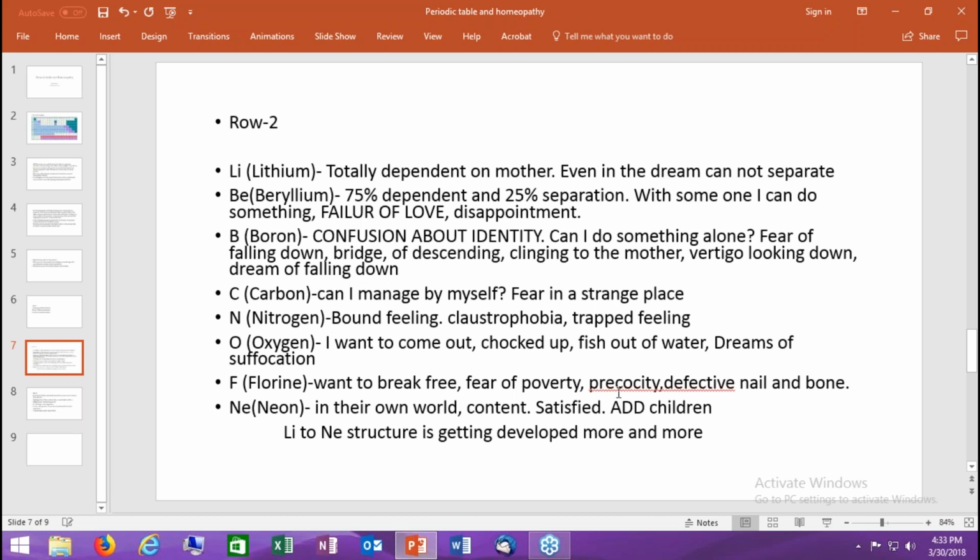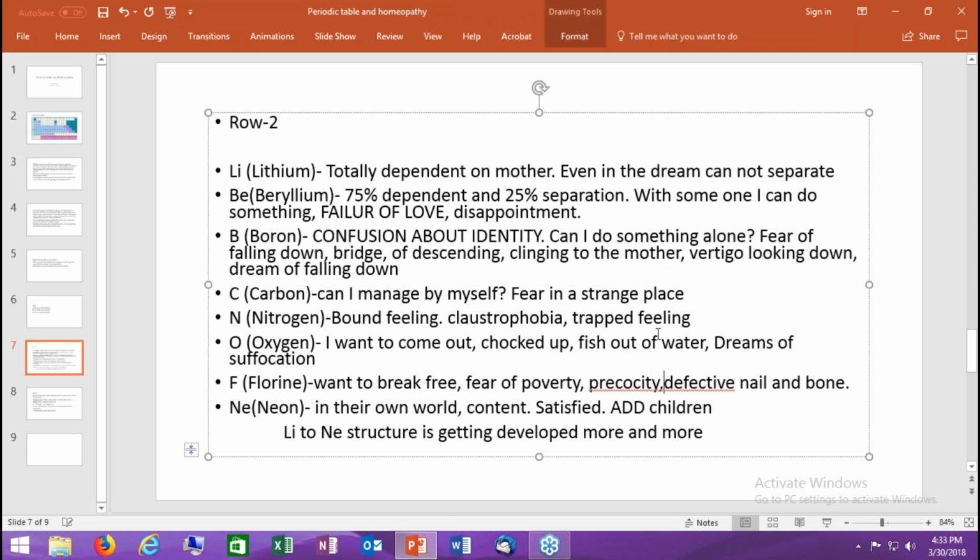There is precocity. Precocity means the early experiments of sex in case of a child of 7 years, 8 years doing sexual experiments.